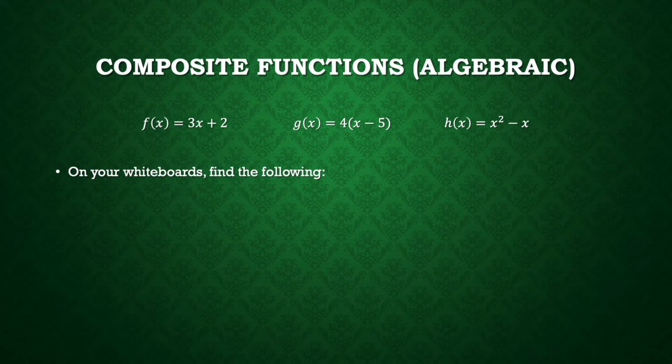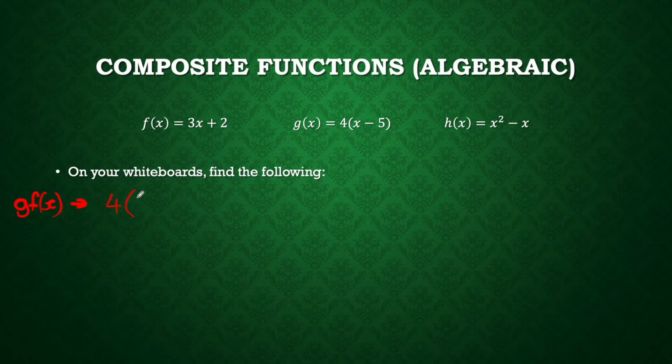This time I've got 4 different functions here. So let's first of all start with a nice simple one, and let's go with having g f of x. So that means I'm going to substitute f of x into g of x. So I start writing g of x out, but rather than writing x, I'm going to write my function of f of x.